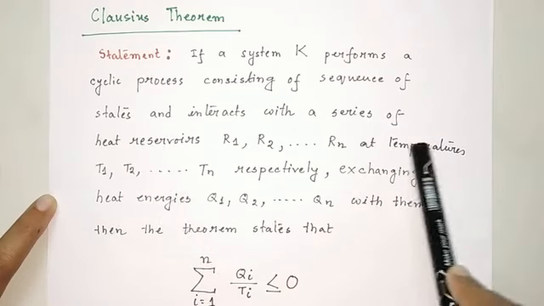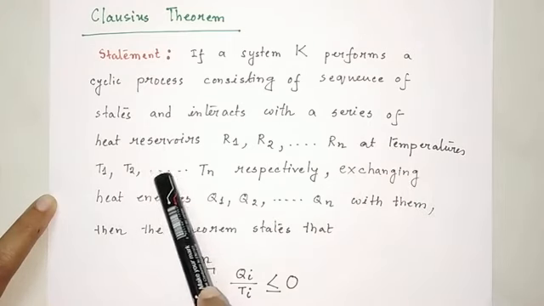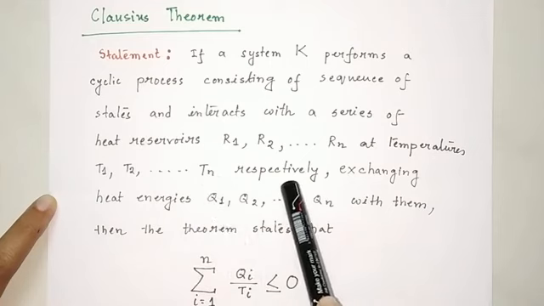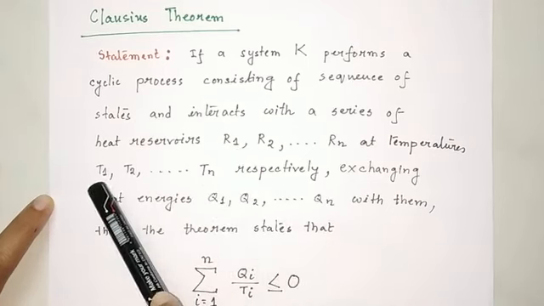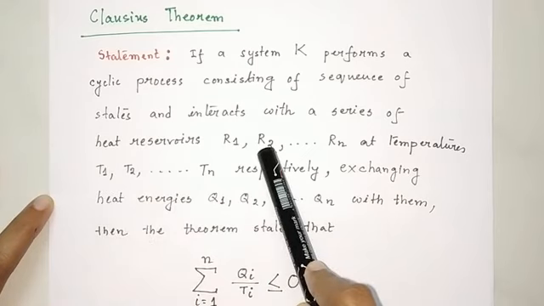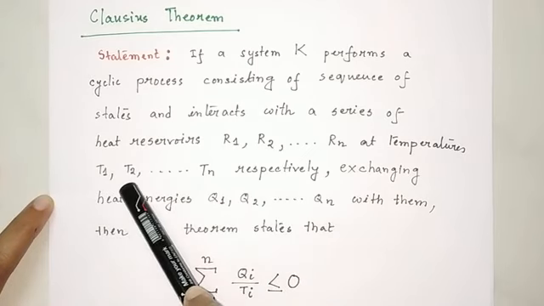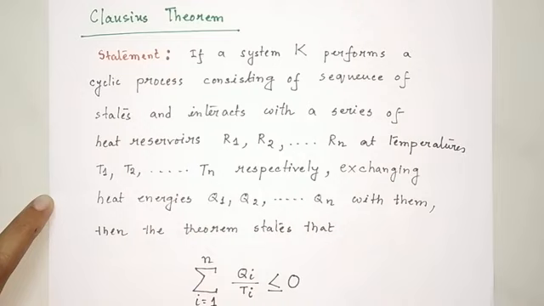At temperatures T1, T2, T3, up to Tn respectively. It means that the R1 reservoir is at temperature T1, R2 reservoir at temperature T2, R3 reservoir at temperature T3, R4 reservoir at temperature T4.